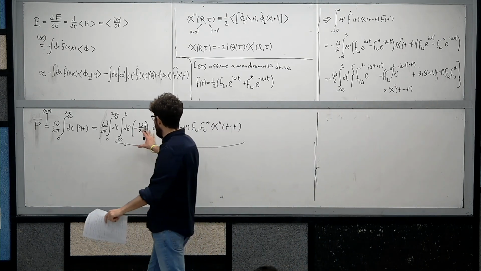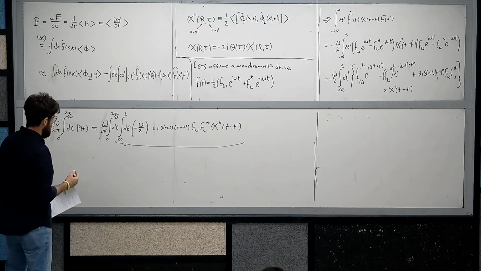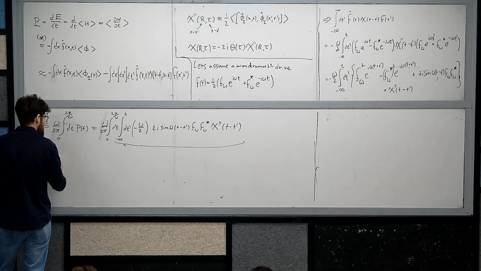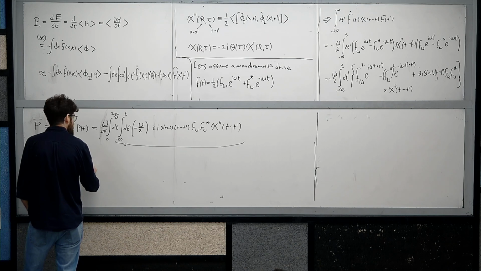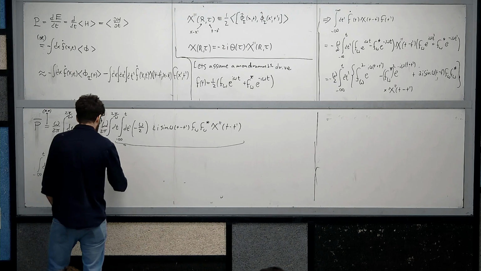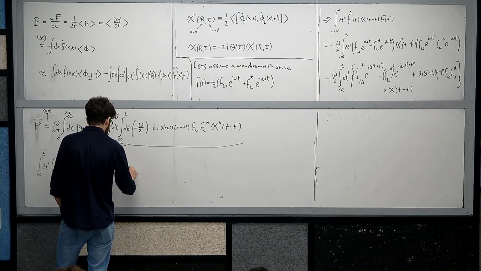But if I look only at this part, which is the part that doesn't average out, then I can write minus the integral from minus infinity to t, dt prime, of minus omega over 2 times I sine omega (t minus t prime) f of omega star chi double prime of (t minus t prime).